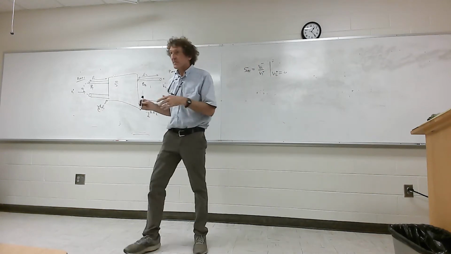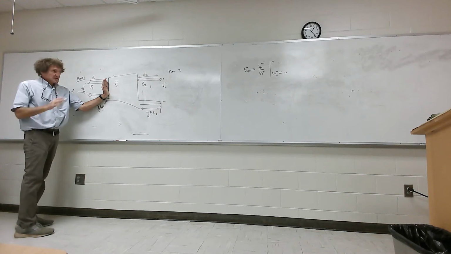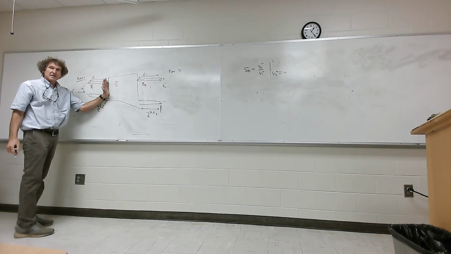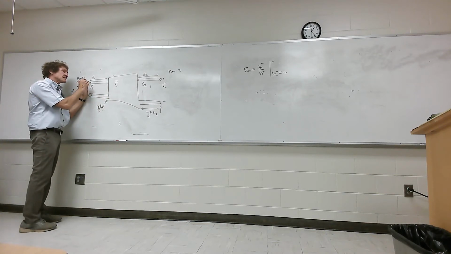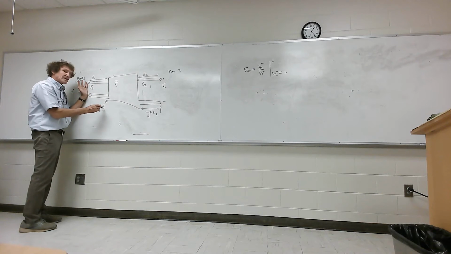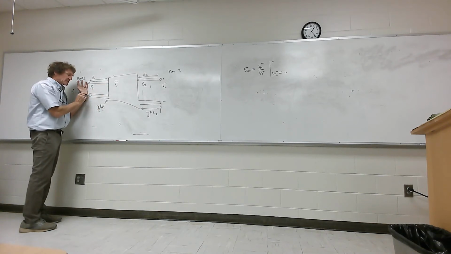So now, if we were right here, if there was a matched piece, we would be measuring the actual value of S11. If I move out here, what happens? Now the signal has a phase change of e to the minus j beta 1 L1 to this point, then another phase change of e to the minus j beta 1 L1 back to this point.